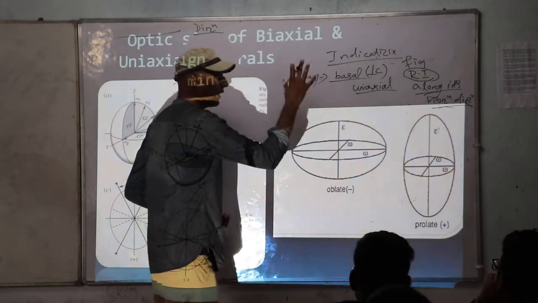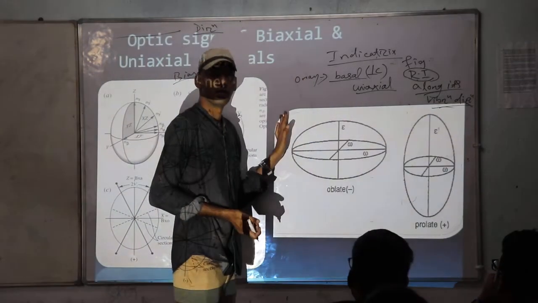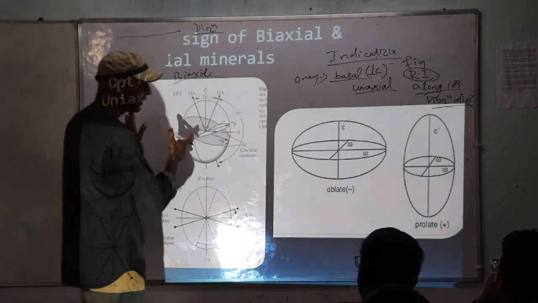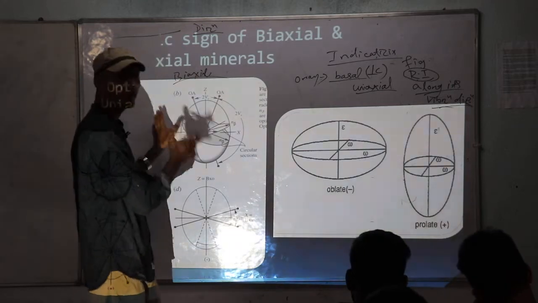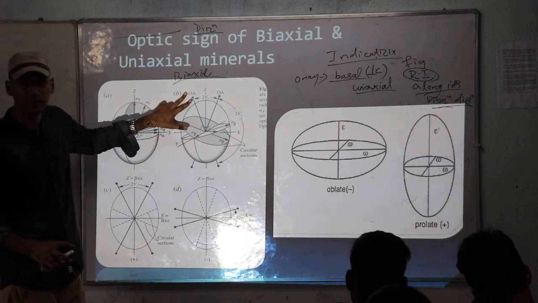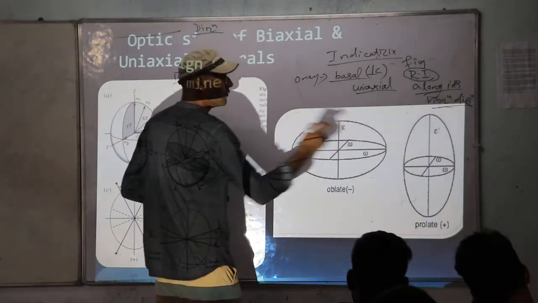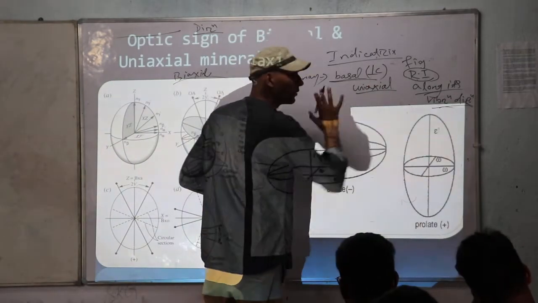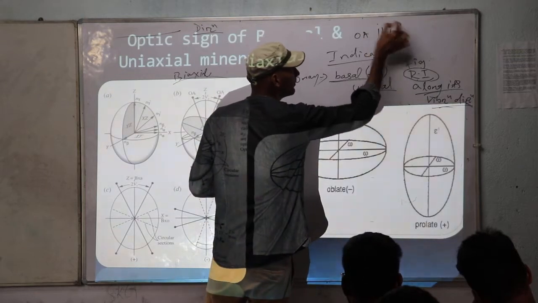That doesn't mean if I take a perpendicular to the basal section, that will show an optic axis. Consider a basal section of a biaxial mineral: if you take a perpendicular to the basal section, you will never get the optic axis because there are 2 optic axes. Okay, I will define this logic that I am telling. In uniaxial, it is a coincidence that the optic axis coincides with the C axis.